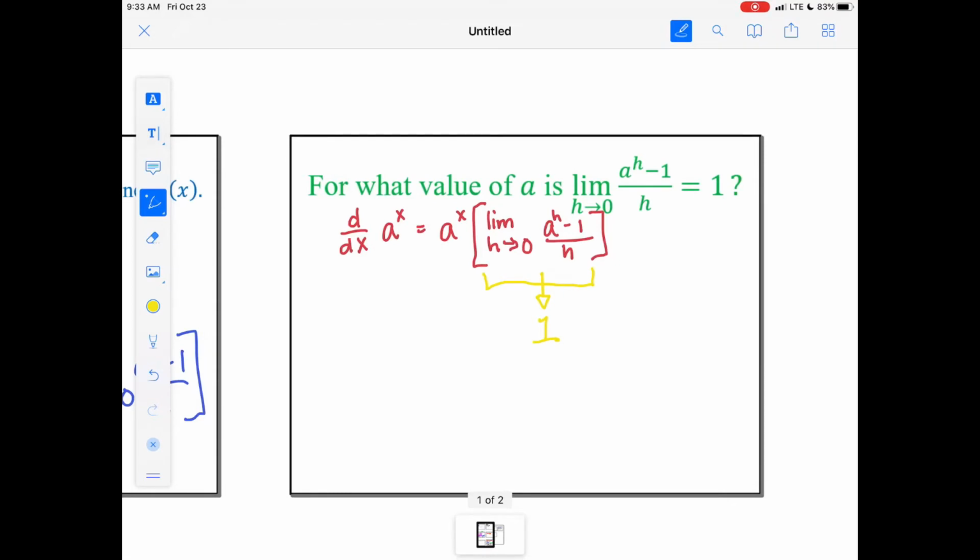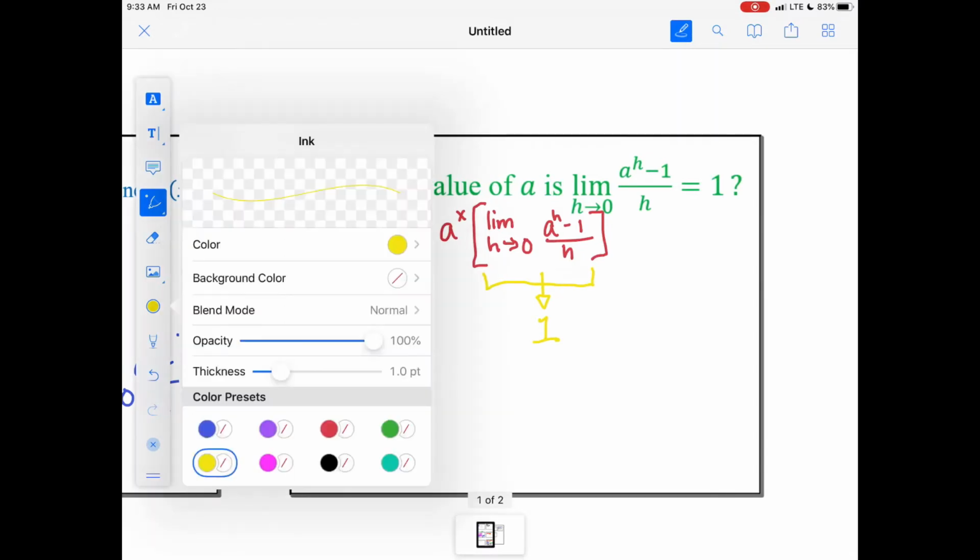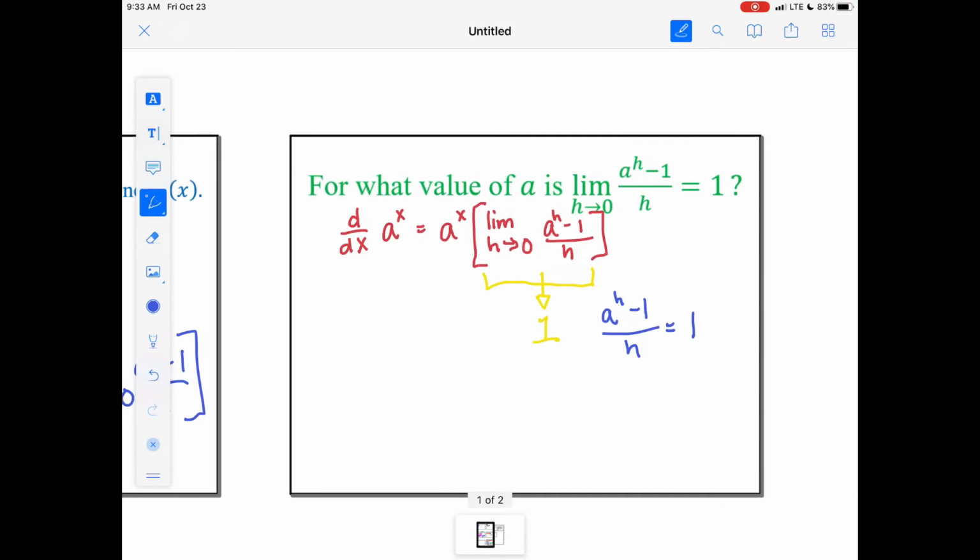So let's do some quick math and figure out what value that would be. I would just start off by setting that one expression equal to 1, and then we'll tag on the h approaching 0 next. I'd multiply both sides by h. I'm trying to get that a by itself to figure out what a value is going to make that expression equal 1. Next, we would just add 1 to both sides. And then we would raise both sides to the 1 over h just to get a by itself.